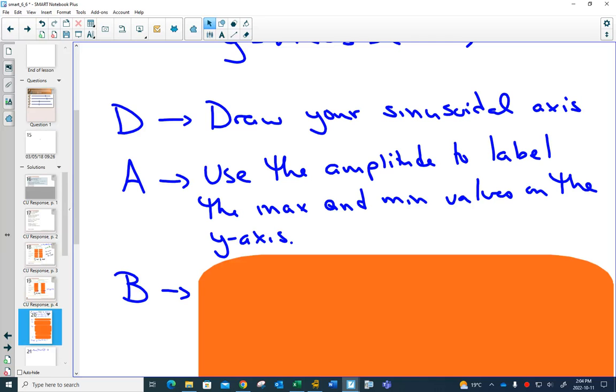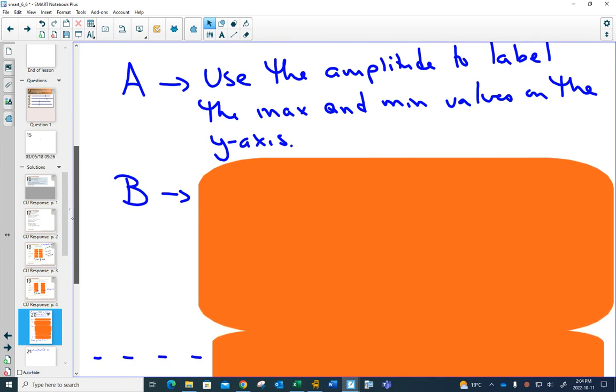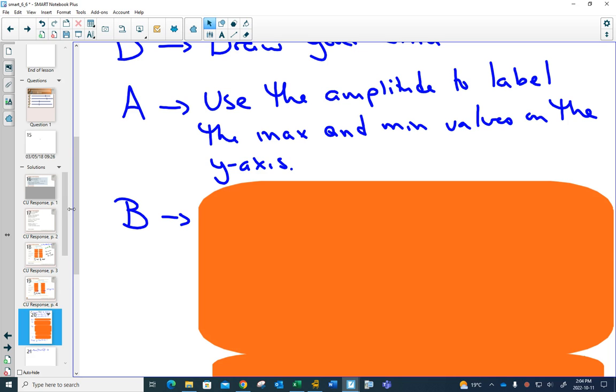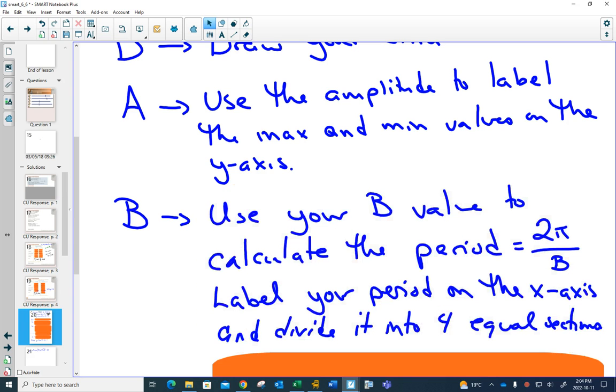Ready? B value. Whew. More words than we've written all semester, I know. Use your b value to calculate the period. And there's the formula: period is 2 pi divided by your b value.